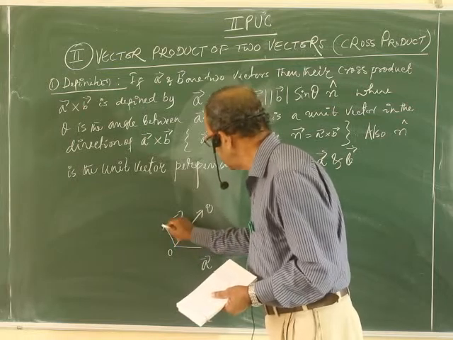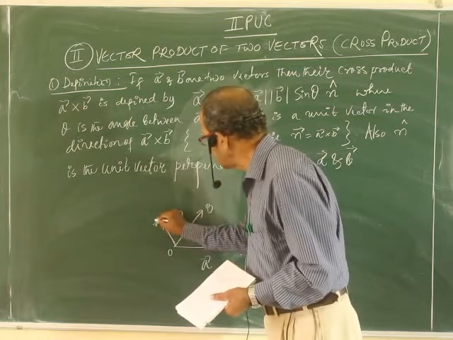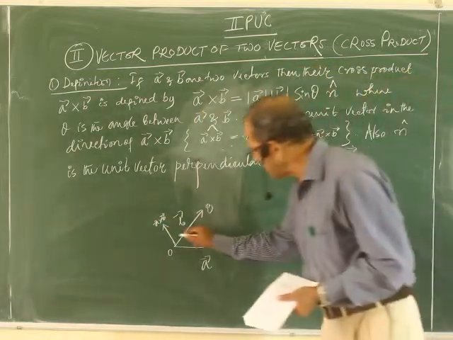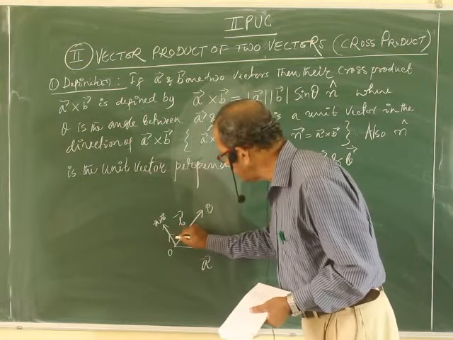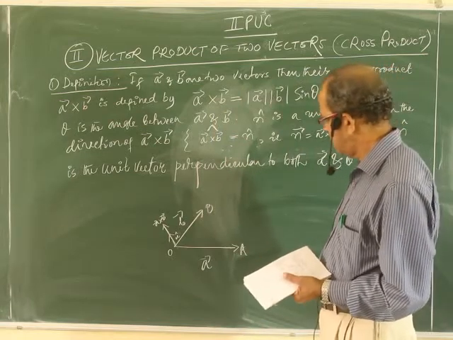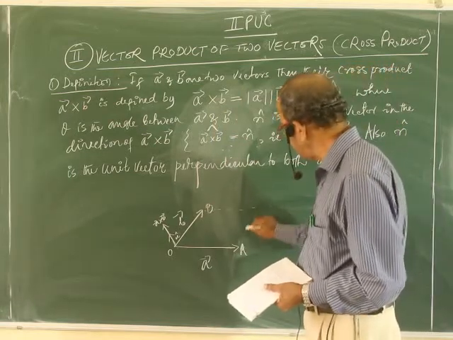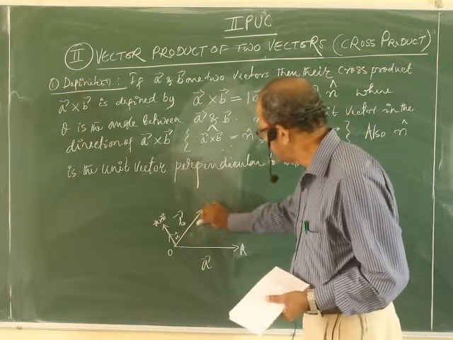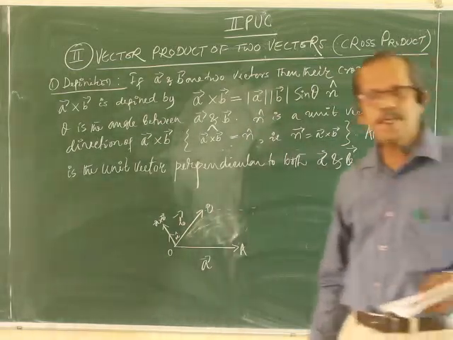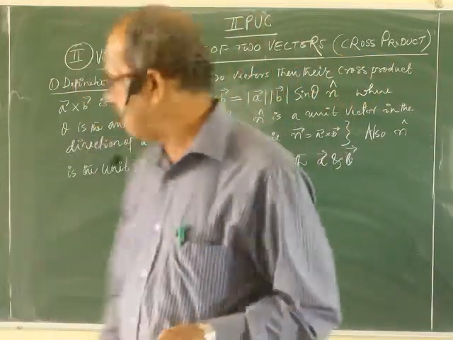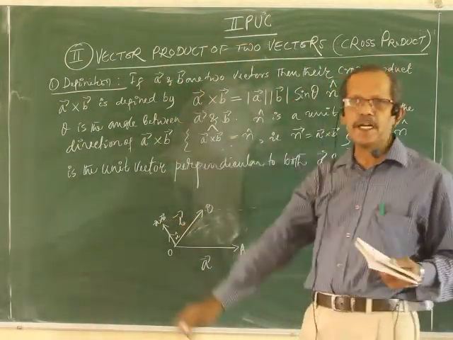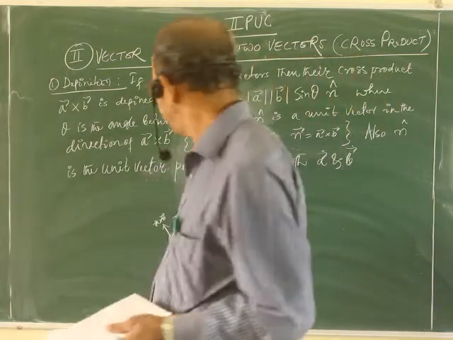Remember, this is A cross B. A cross B is perpendicular to the plane containing A and B. That cannot be drawn because it is three-dimensional. Anyway, you can imagine this n cap or A cross B is always perpendicular to the plane containing A and B.